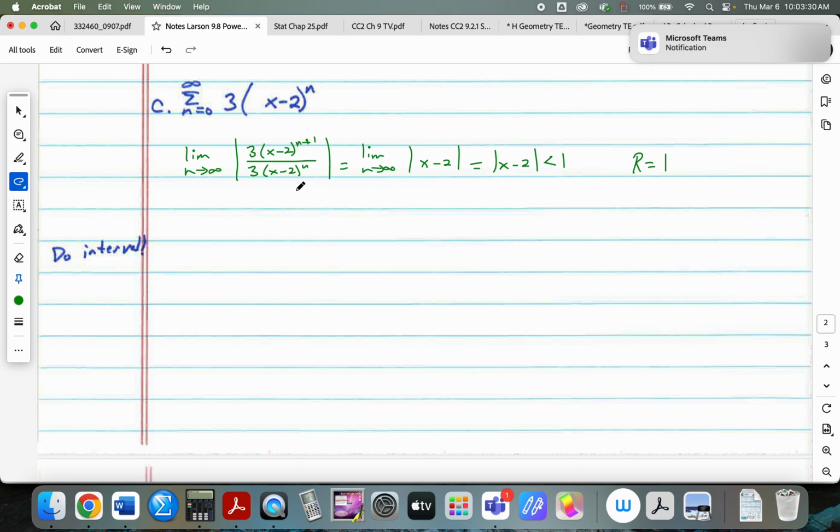If you like to solve it, it would be, x minus 2 is less than 1, or x minus 2 is greater than negative 1.